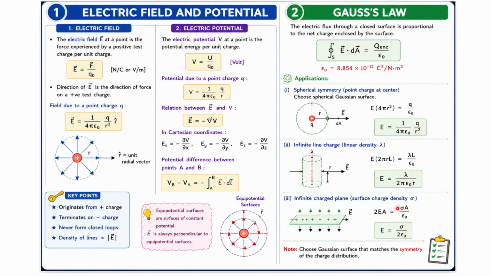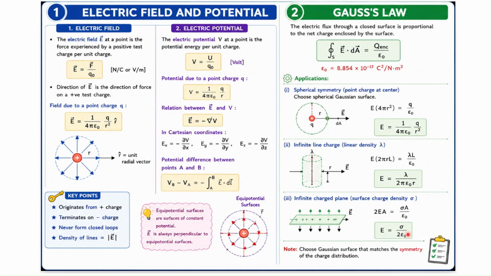Take note of something here: there is no r in the entire expression. Why? Because the electric field near an infinite sheet of charge is completely uniform. It does not change with distance, so that is why we don't have r in our last formula.